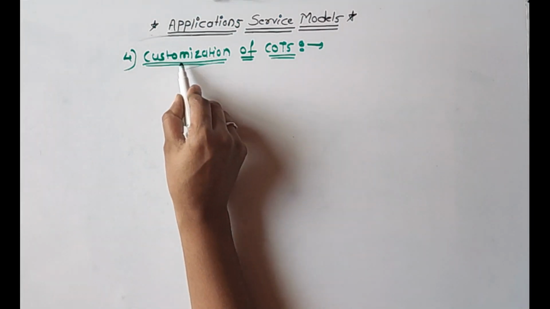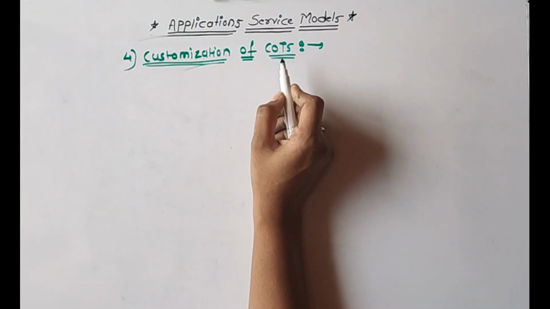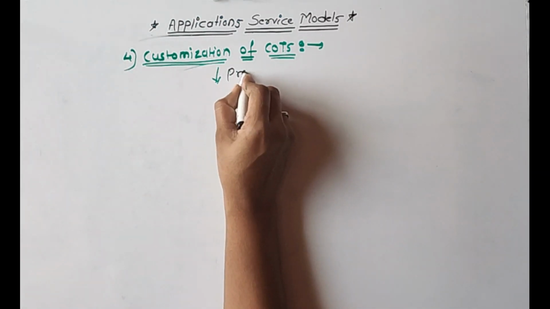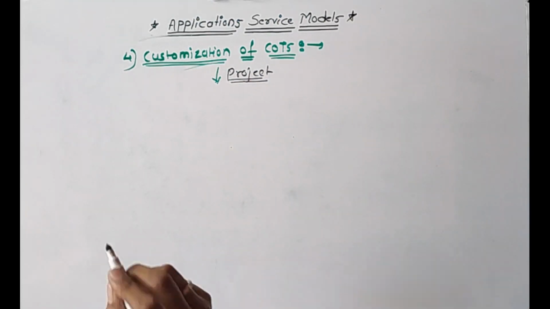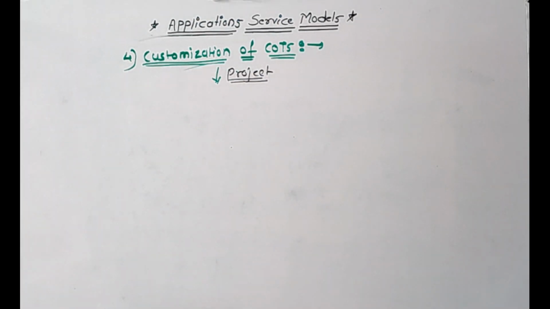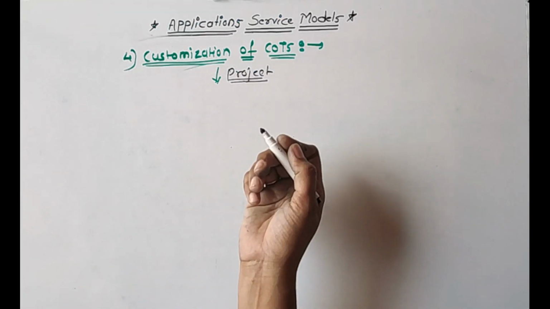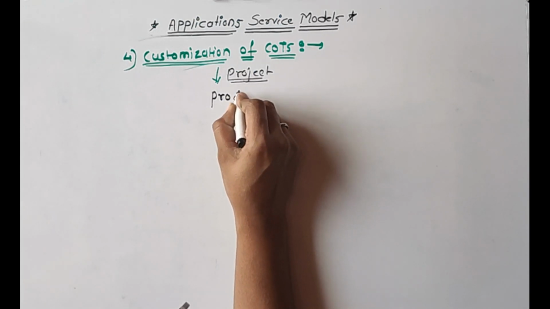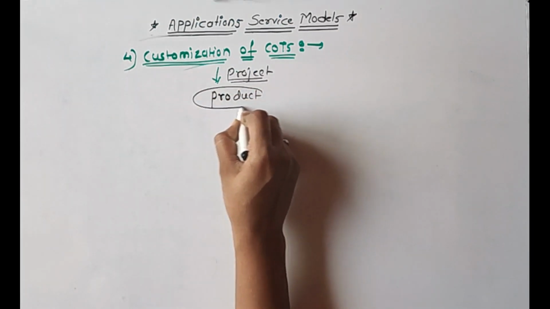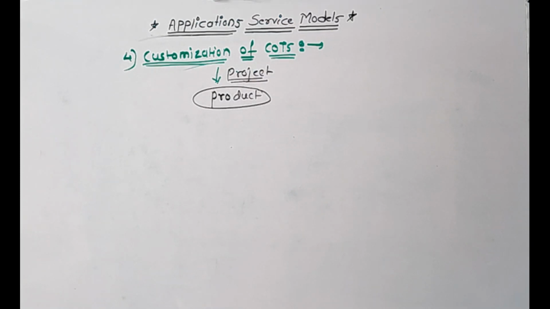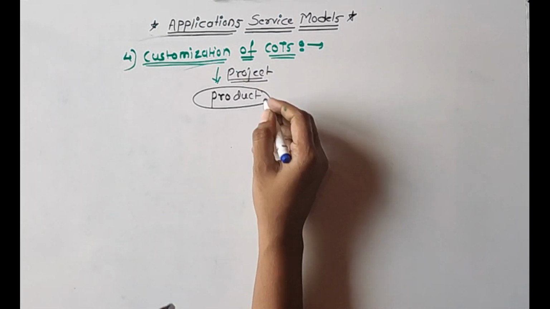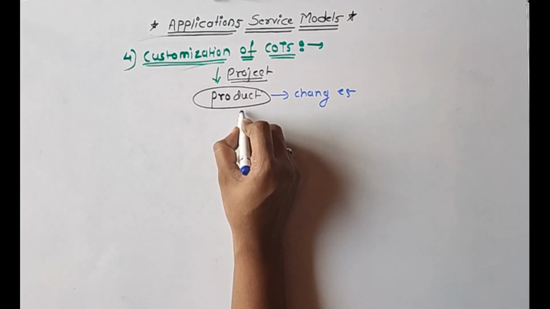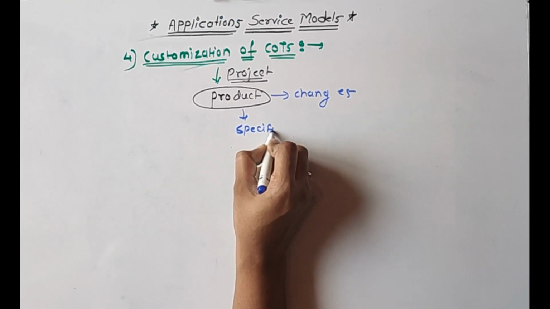Fourth service model is customization of COTS. This is a specialized form of project where instead of developing a totally new application, we take a product that satisfies most of the business requirements, it is purchased, and then changes are made on the basis of specific needs.